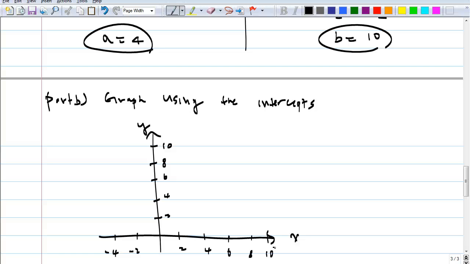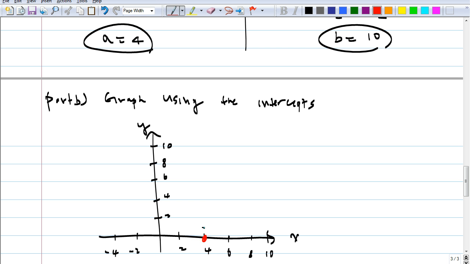I know that A is 4, B is 10. Now, if I ask you to graph it, how do you do this? This is easy. 4 on which axis? X or Y? X, because A represents the x-intercept. Right? So there's my x-intercept at 4.